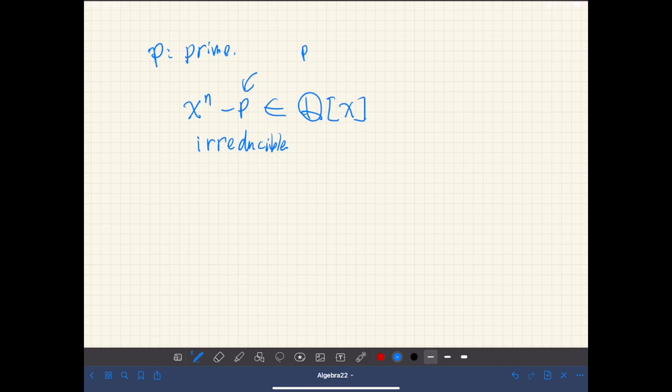So it's divisible by p, but it's not divisible by p squared. And the coefficient of x to the power of n is 1, and since p is a prime, it does not divide 1. And other coefficients are 0, so they are all divisible by p. 0 is divisible by any number, in fact. So according to Eisenstein's criterion, this cannot be factorized, so it's irreducible.